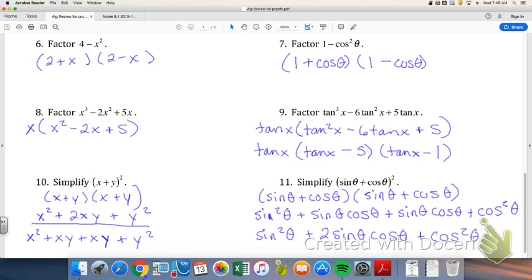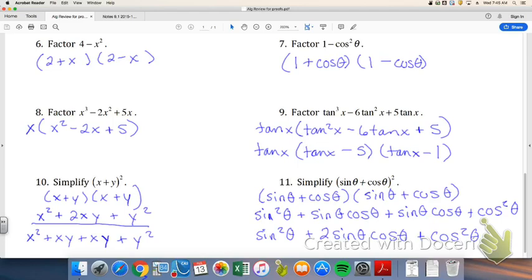So is that any different than the algebra we did on number 10? No different.